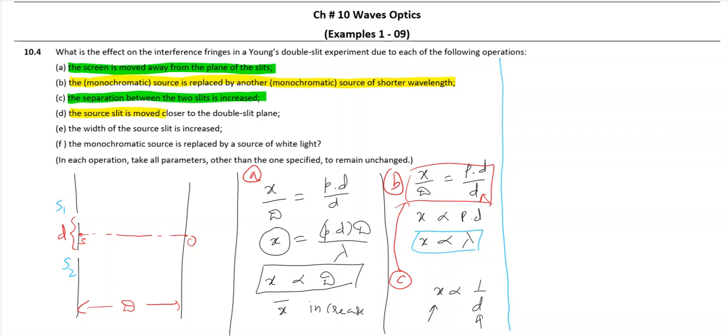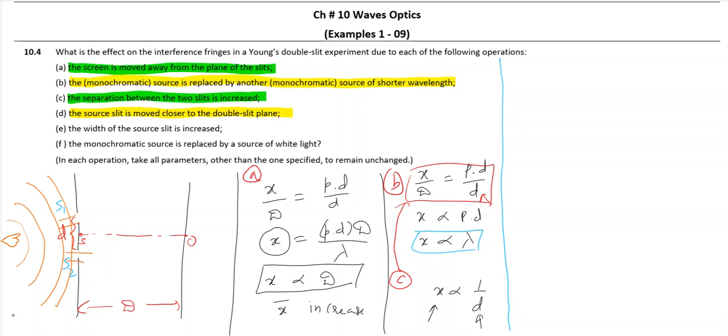The source slit is moved closer to the double slit plane. What does it mean? See, behind S1 and S2, we keep one source. From this source, we are taking wave fronts, and the source is placed in such a way that part of the same wavefront enters through S1 and S2.